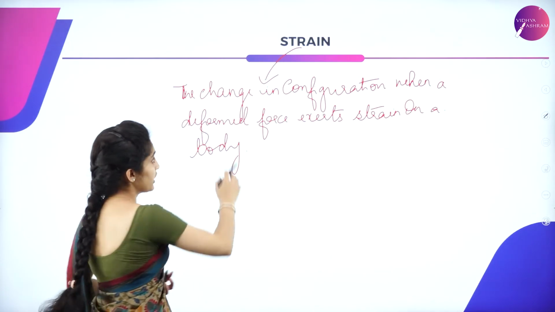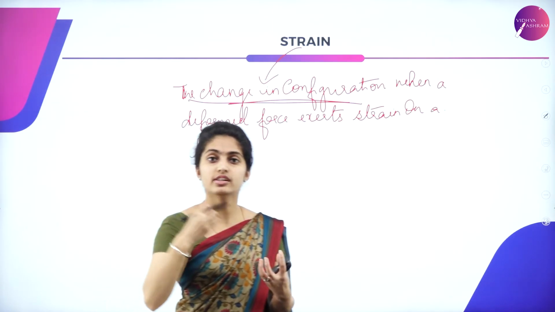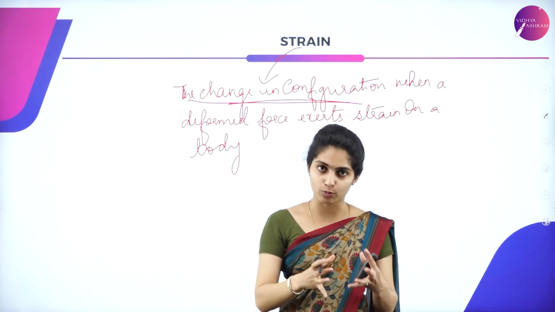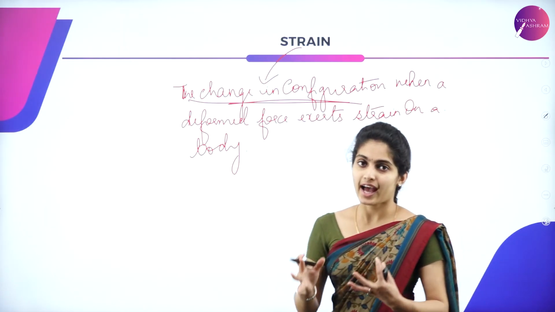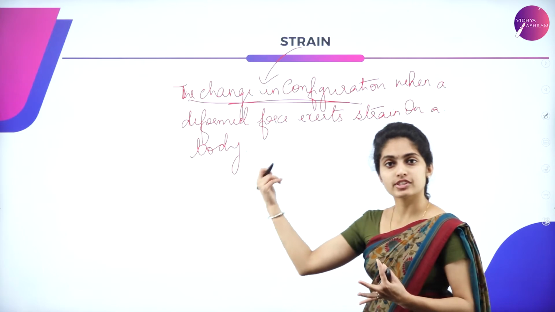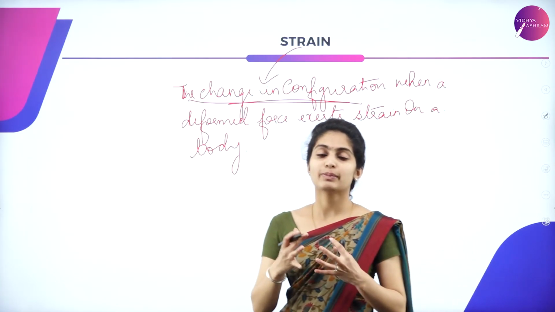So the internal configuration changes when external deforming forces act upon an object, because of which a stress is given to the object and the configuration changes, which is said to be strain. I hope you are clear what is meant by strain.